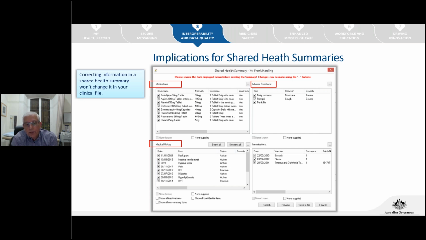So look, fix this up in the clinical information system. This is just a preview before you upload. You shouldn't have to touch anything here, and that's the way I would recommend everyone does it. It makes it easy, because the future may well be that you will automatically upload shared health summaries with probably just one click, without going through this step of the preview, knowing that your health summary is what you understand it to be.